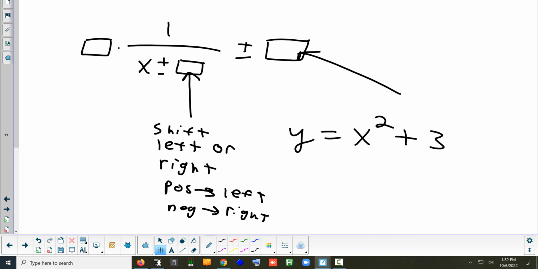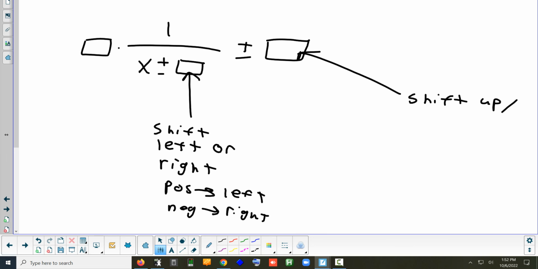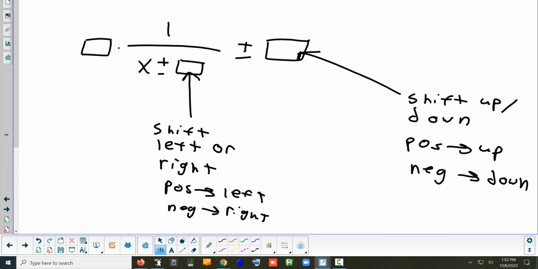So this is a shift up or down. Positive is up, which is what you would expect. Negative is down. So adding and subtracting is a shift.